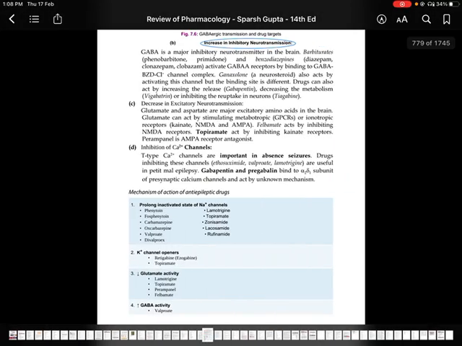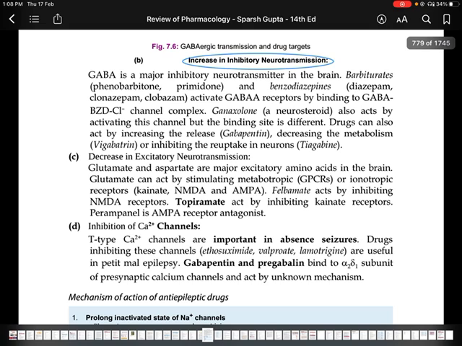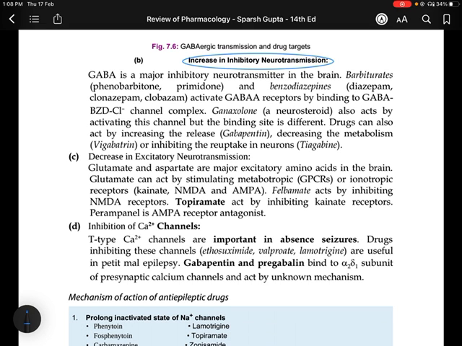We were doing anti-epileptic drugs. So GABA is actually a major inhibitory neurotransmitter. GABA, glycine, they are all inhibitory neurotransmitters in the brain.